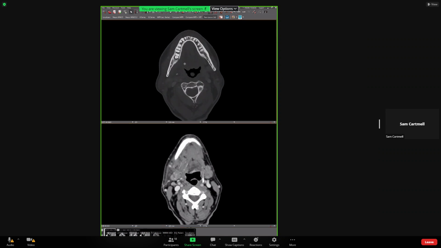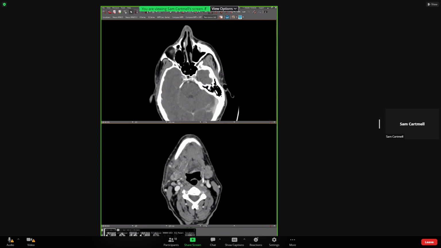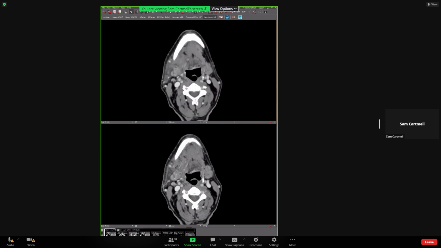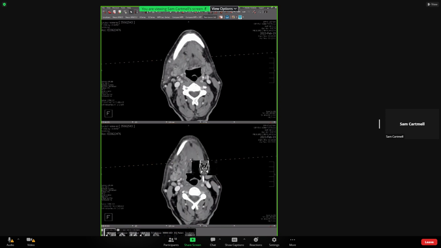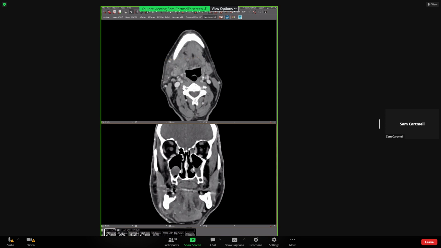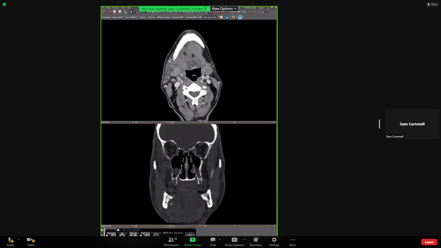Something to note though, the reason this is involving the submandibular space and not the sublingual space is that this is a molar that's infected. So the root of the molar is below the insertion of the mylohyoid, which is kind of here, and the root of the molar is right there.